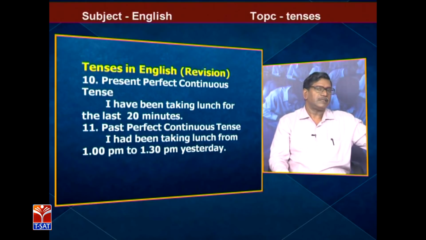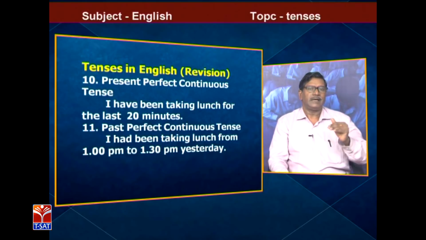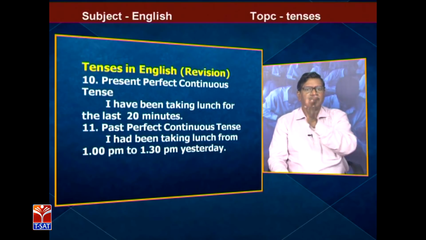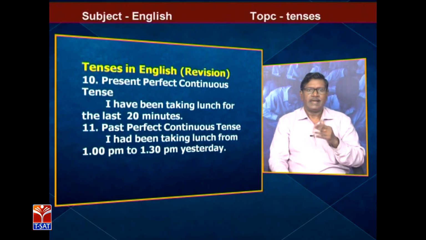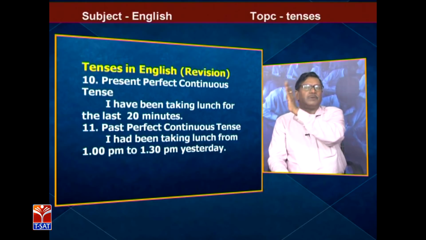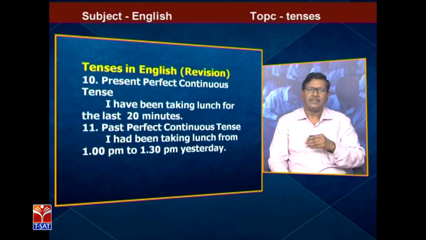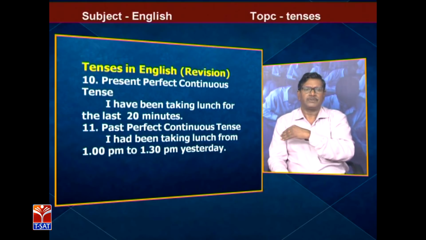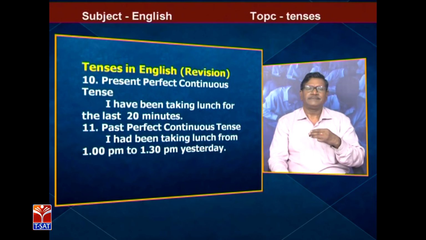That is past perfect continuous. Future perfect continuous, I shall have been taking lunch from 1 p.m. to 1:30 p.m. tomorrow. So that way, perfect continuous tenses are three: present perfect continuous, past perfect continuous, and future perfect continuous.